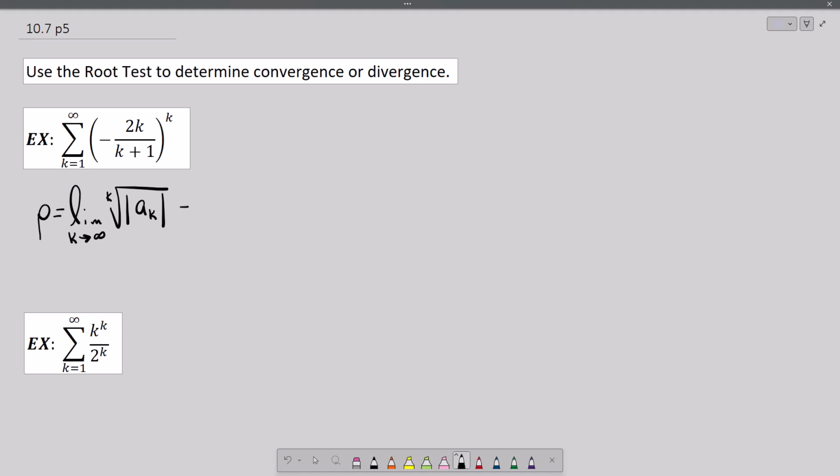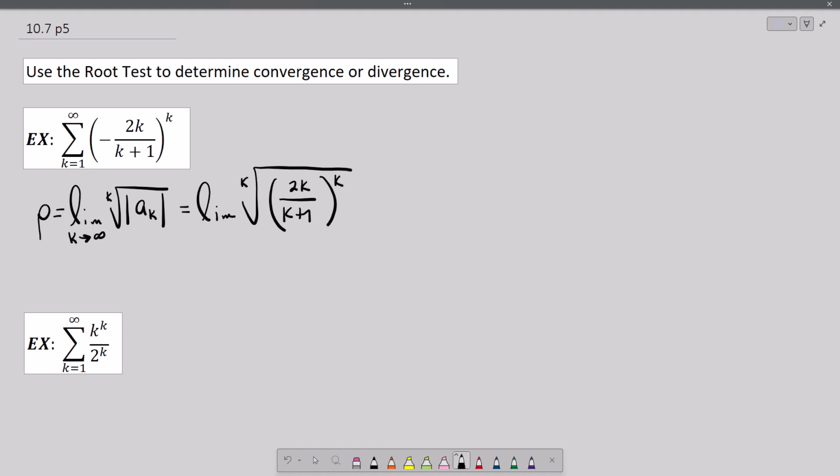All right, so here, k is going off to infinity. We're taking absolute values, so we're taking the kth root of the absolute value of a sub k, and the absolute value is just going to take away that switch in here. So that minus sign is going to go away when we take the absolute value.